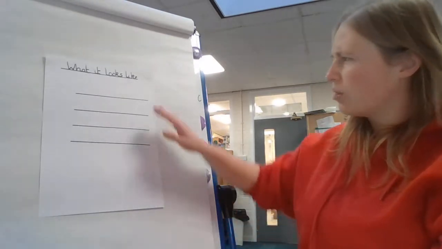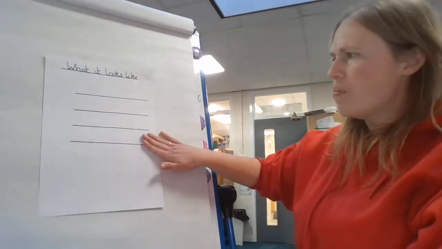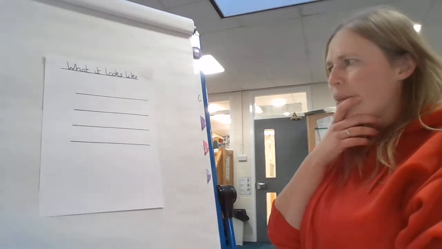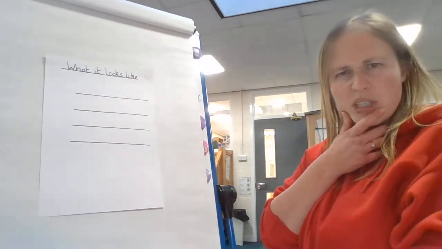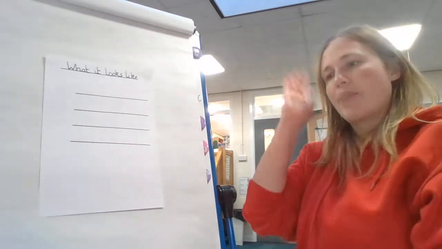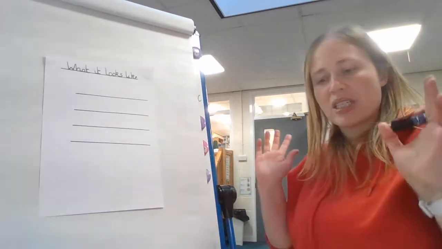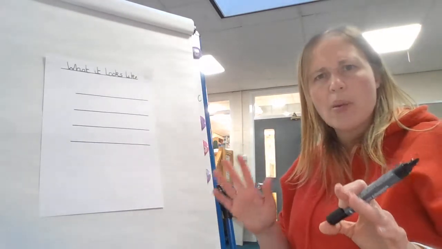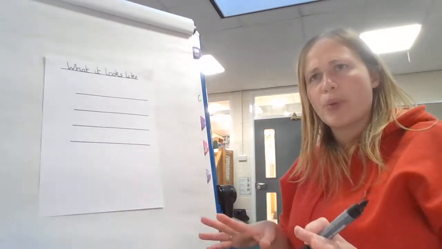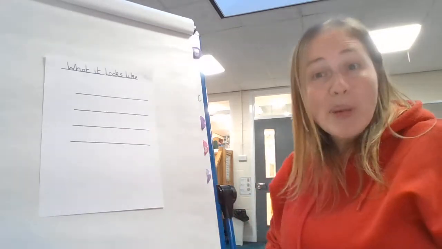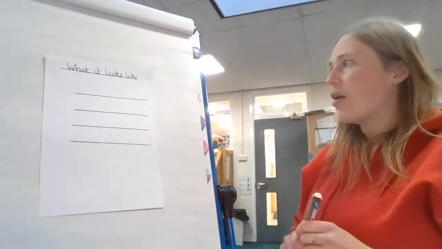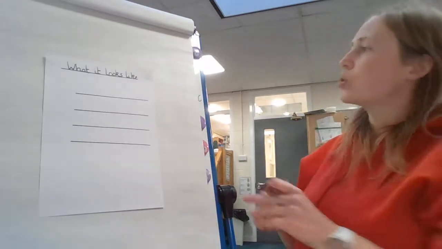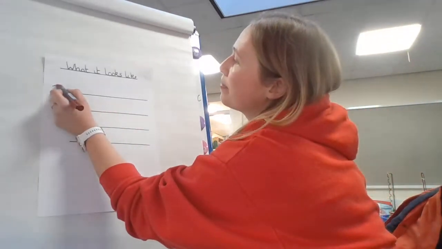What it looks like. And now I've got some more lines to write on, but I haven't got any pictures. I know. Okay, let's have a think. Let's go back to yesterday. I know when we looked at the pictures of the grizzly bears, they were brown. So maybe I could add in a bit of a brown squiggle next to this line here.